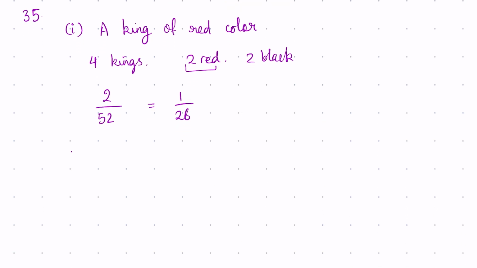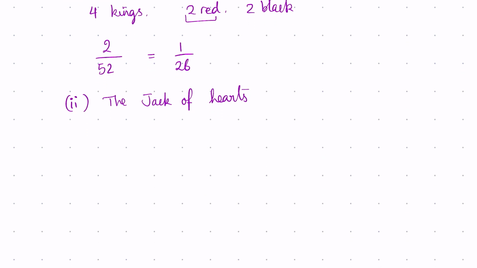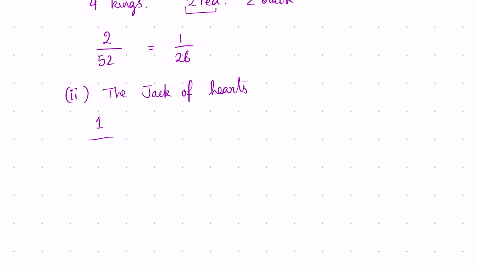How about the second one? The jack of hearts. How many jack of hearts are there? There's actually just one jack of hearts, and the total number of cards is 52.